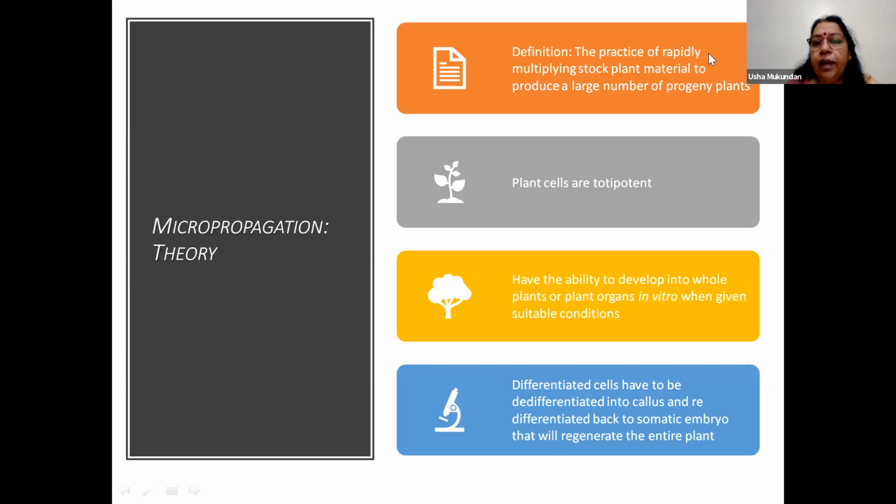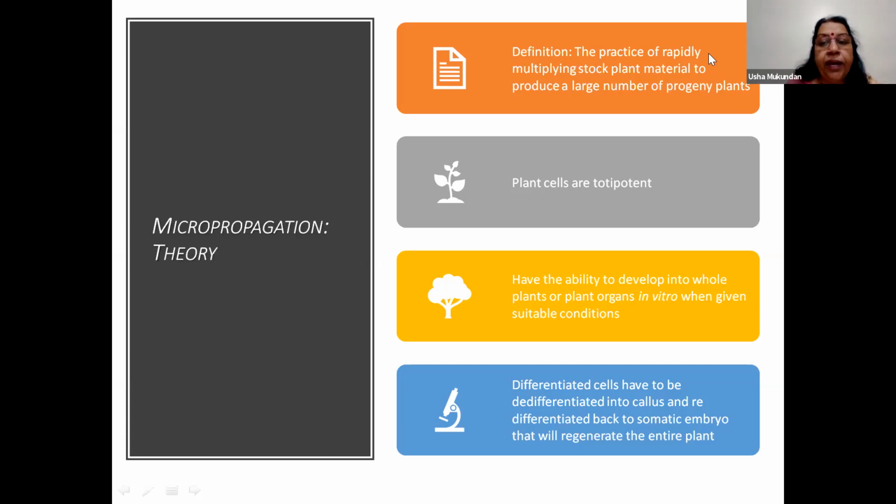So this practice of mass multiplying the stock material is known as micropropagation. Plant cells are totipotent, and this concept of totipotency was floated by German physiologist Haberlandt. The ability of plant organs to grow in vitro given suitable conditions is known as micropropagation.